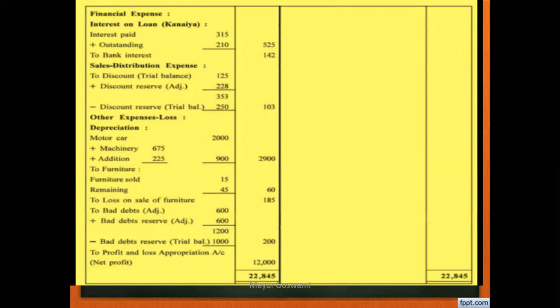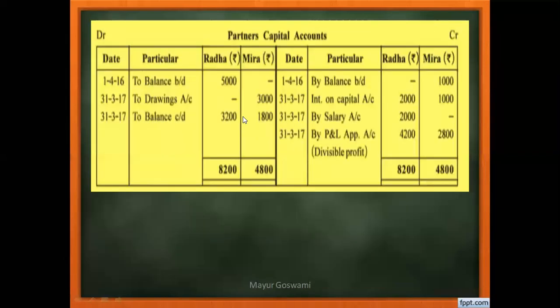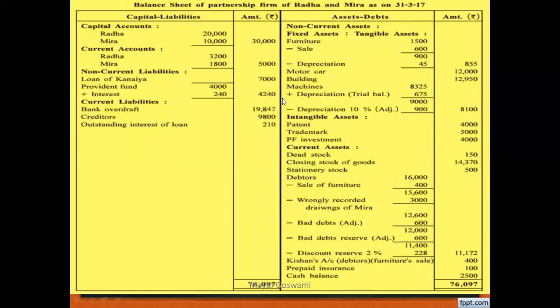Okay. Then after machine of office is given, come to the balance sheet asset side. Write down machine into inner column 8325, right? Then after depreciation on machine is given, and this depreciation is given in trial balance, so we have to look whether adjustment is given or not.